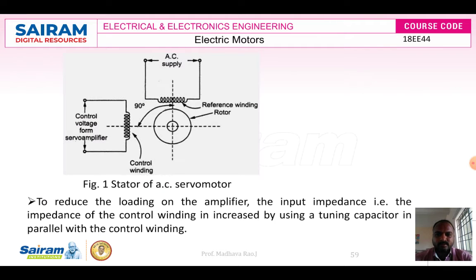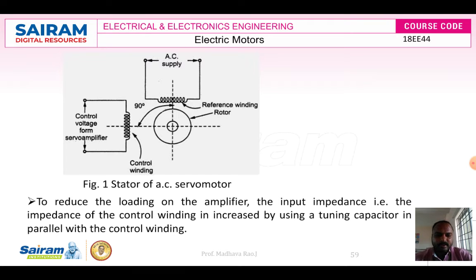Next, we can see the servo motor windings: the control winding and the reference winding, or main winding. The phase displacement between them is 90 degrees. After the stator windings, the rotor is placed in between the stator windings. The rotor can also be seen in this diagram.